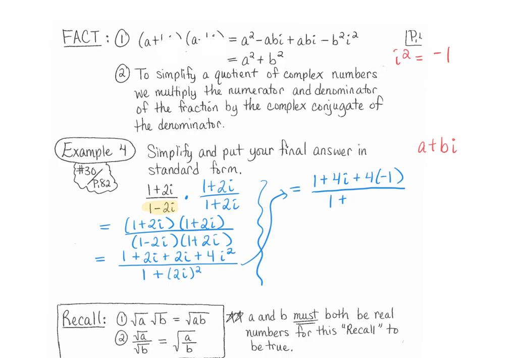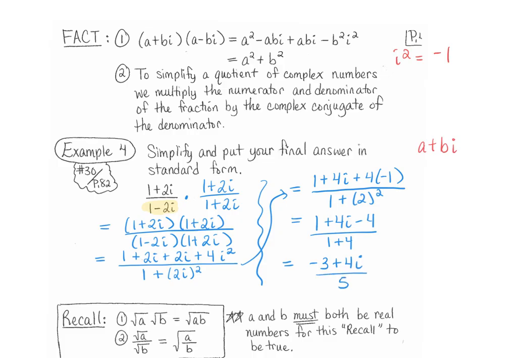So b is 2 for us, so 1 plus 2 squared. So that gives us 1 plus 4i minus 4 over 1 plus 4. This simplifies to give us, notice that 1 minus 4 is negative 3, so negative 3 plus 4i all over 5.